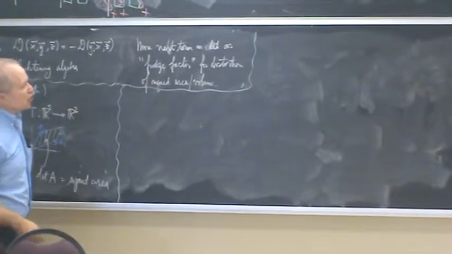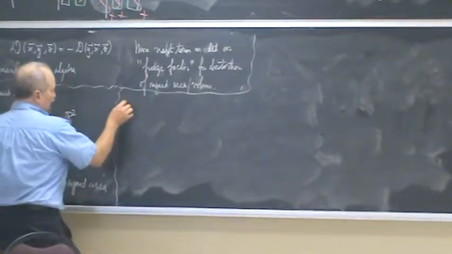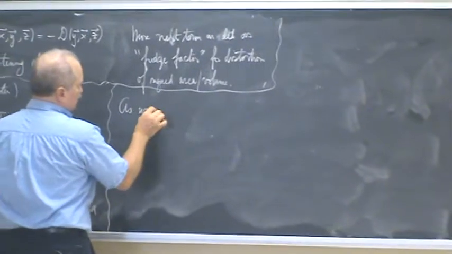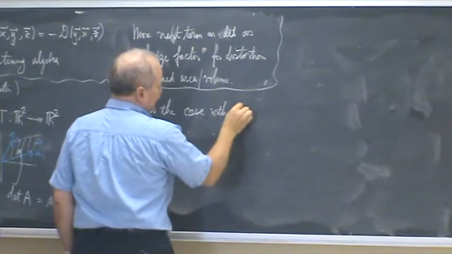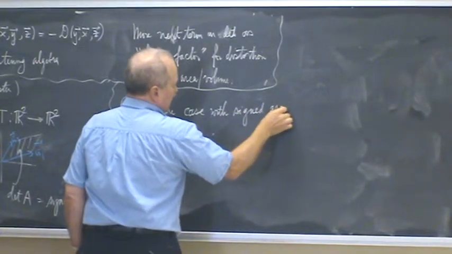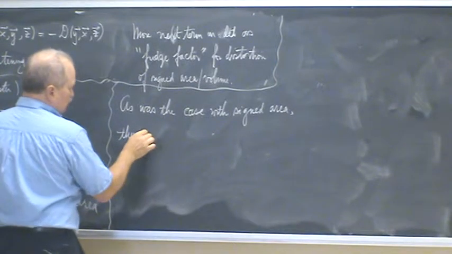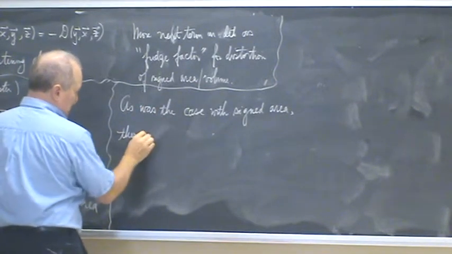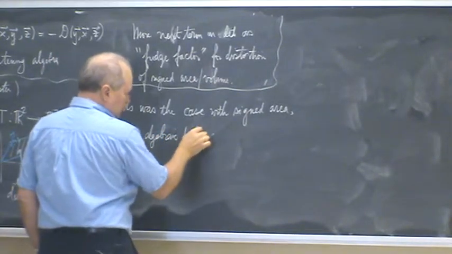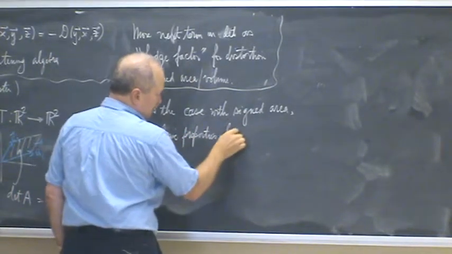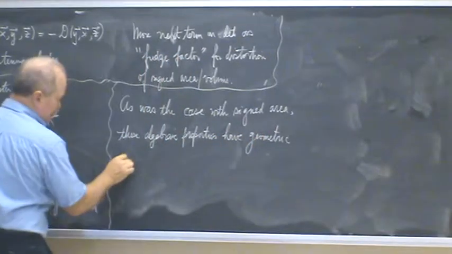So I'm going to tell you, without belaboring it, because we did talk about it for area, as was the case with signed area last class: these transformation properties, these algebraic properties, have geometric interpretations.